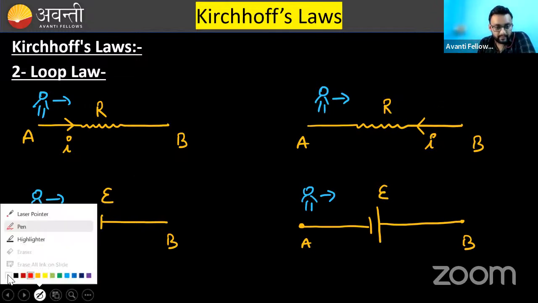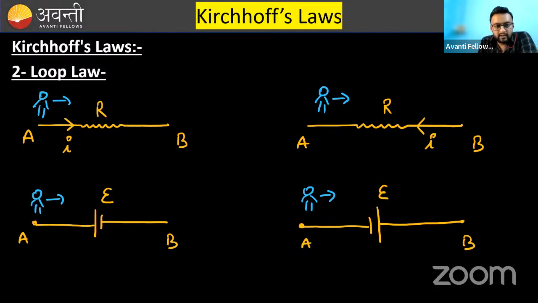Now listen. This is you moving from A to B. The symbol says you are moving from A to B. Current is moving from A to B. In yesterday's class, I told you that current moves from low potential to high potential or high potential to low potential. Can anyone answer? A or B? Current moves from high to low or low to high?